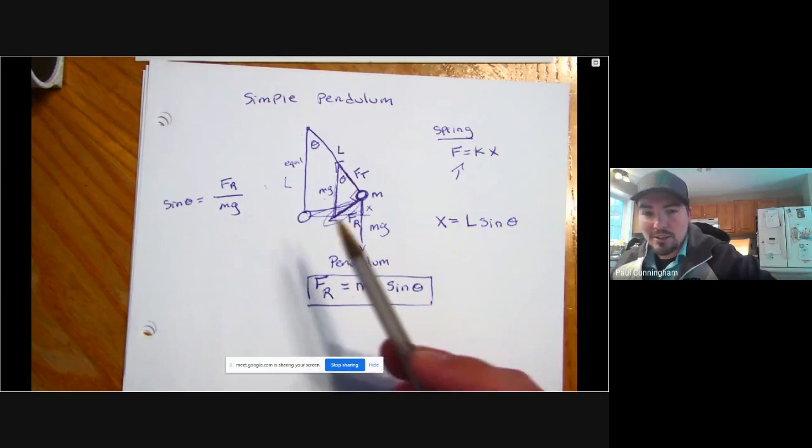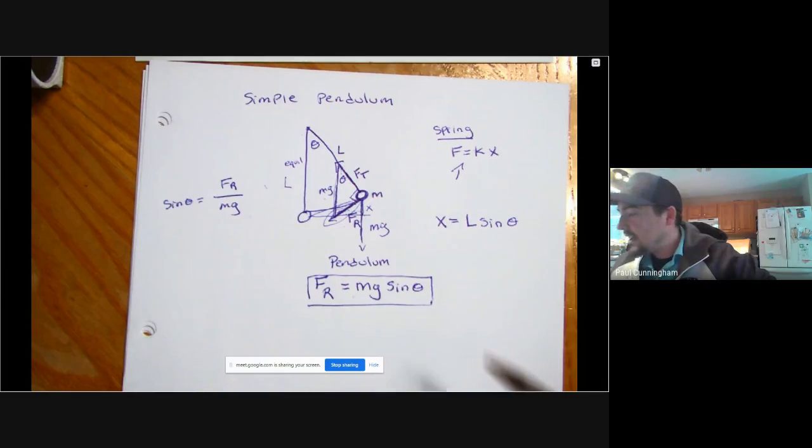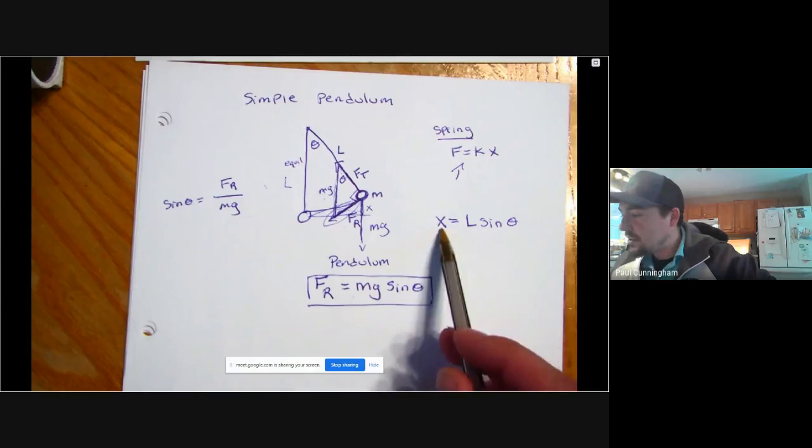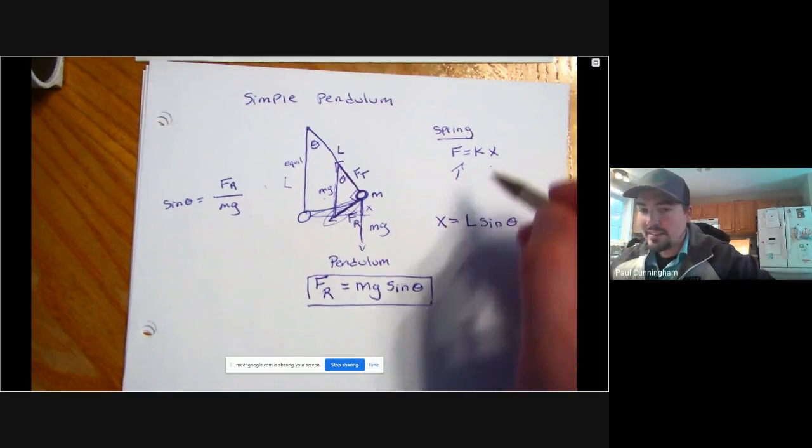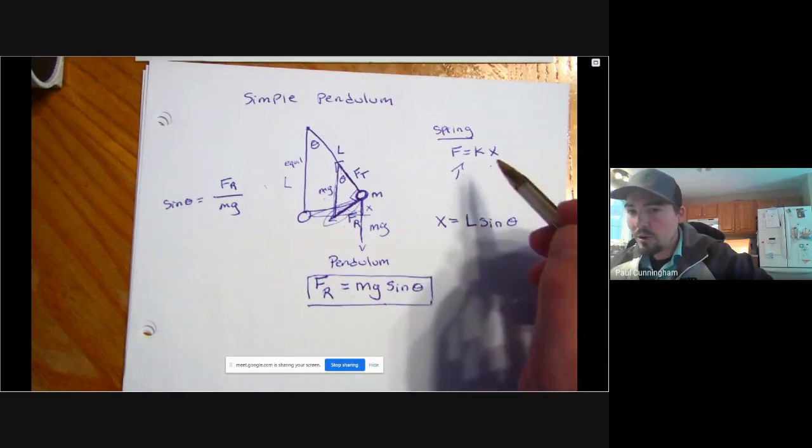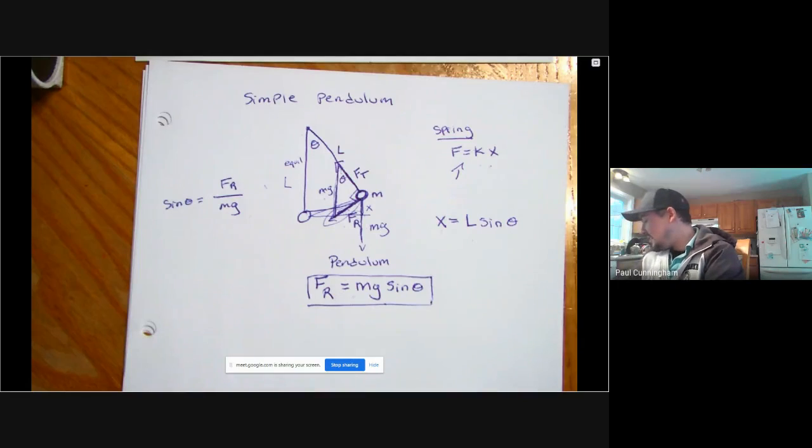It's already messy enough as it is, but we need this idea of displacement, because we're trying to relate these two. And we're going to be able to do that in just a second, because we can do a little substitution here, and that's our goal.